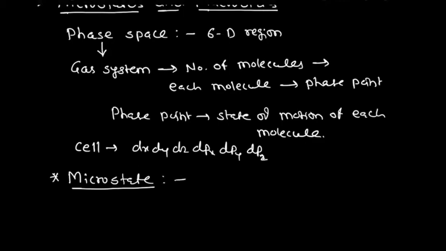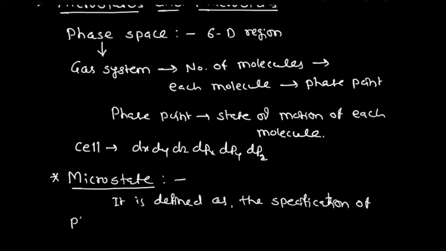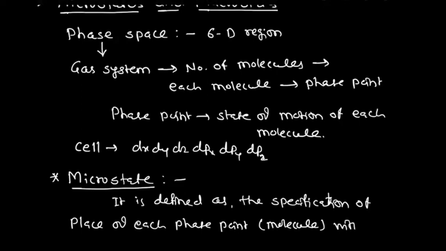The microstate of a system is defined as the specification of the place of each phase point, that is each molecule, within the limit of the dimension of the cell.